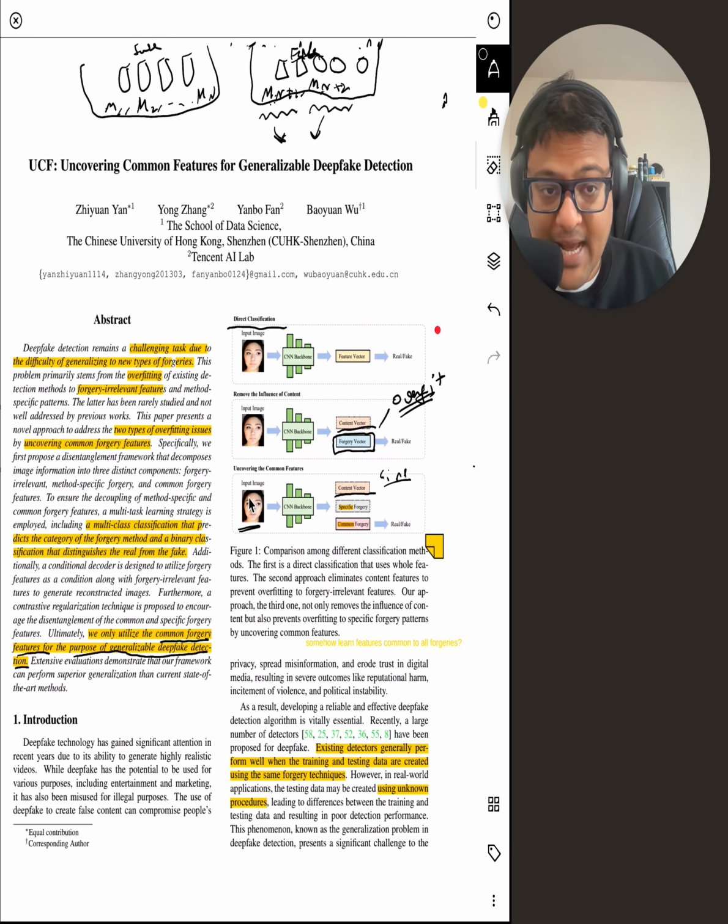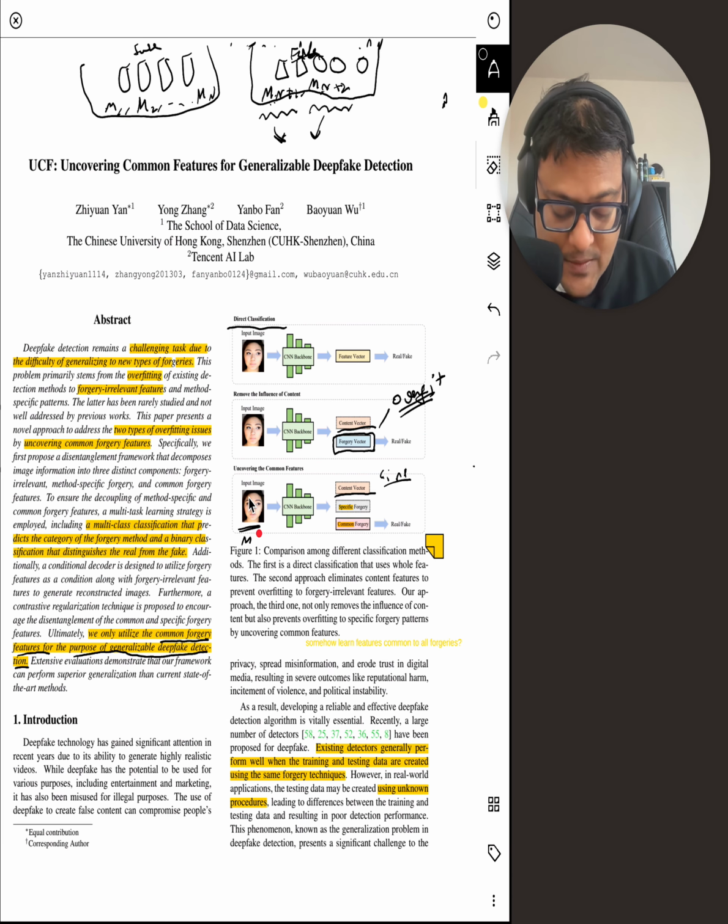And then there are some features which correspond to the specific type of forgery. For example, let's say this fake image was generated by a model M1. In this case, you will disentangle some forgery feature which they call the specific forgery feature, and these features will detect that this image was generated by model M1.